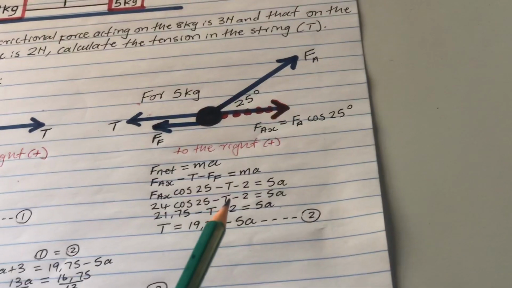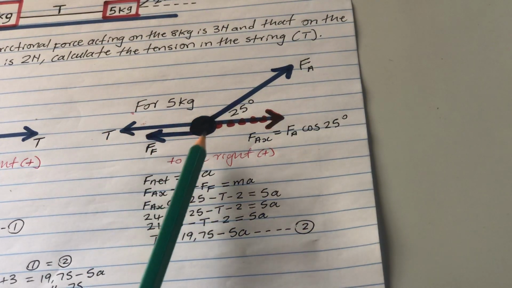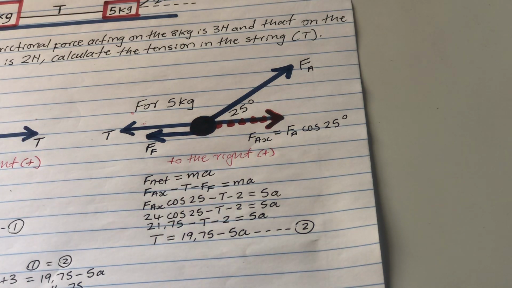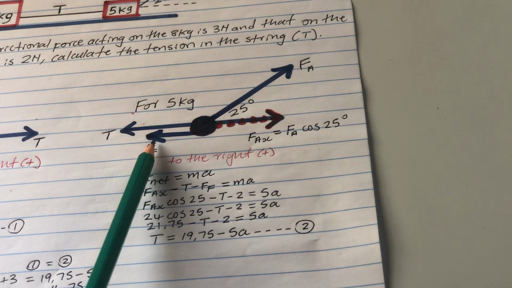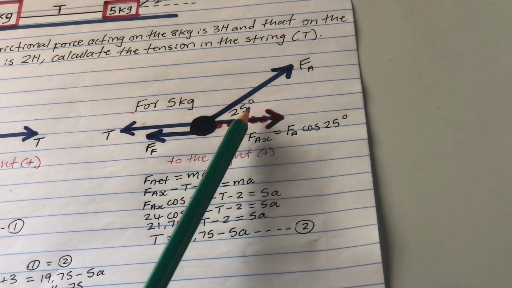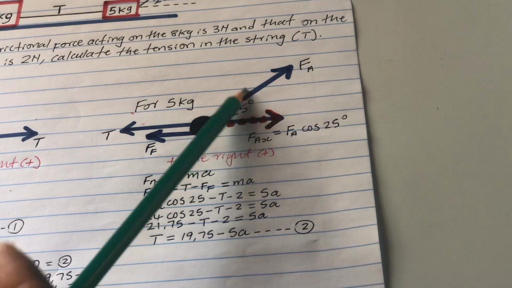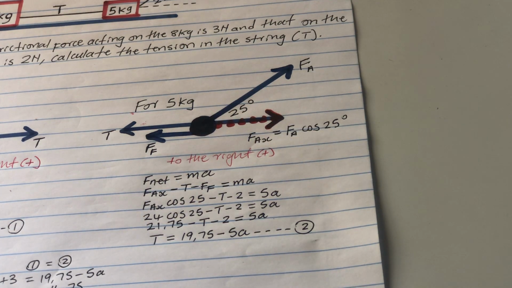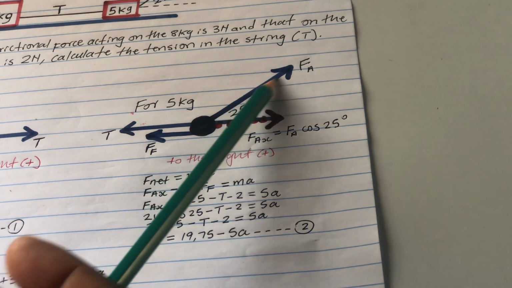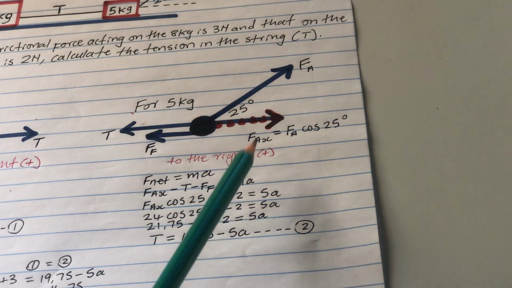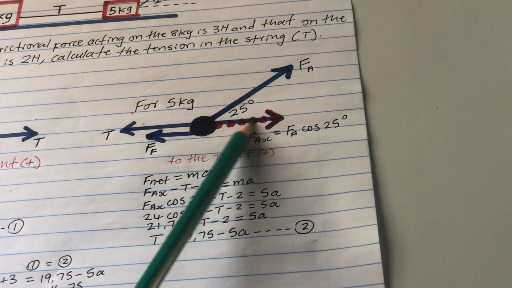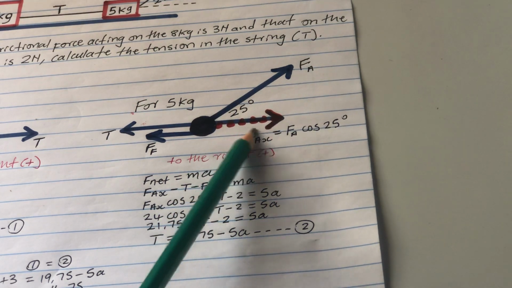I'll move to the next box, the 5 kg, and then I'll do the same. I'll draw a free body diagram of the horizontal forces. There is tension and FF. Remember, here I put FA. I'm not going to use this FA directly, but I've put it here so that I will be able to explain why I am putting this other force here, FAX.